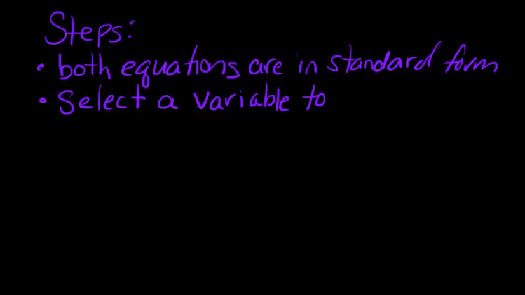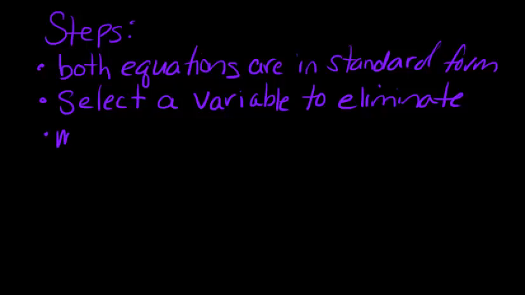Okay, so we got it in standard form. We select a variable to eliminate. And then we have to multiply to create opposite coefficients if we don't already have them.